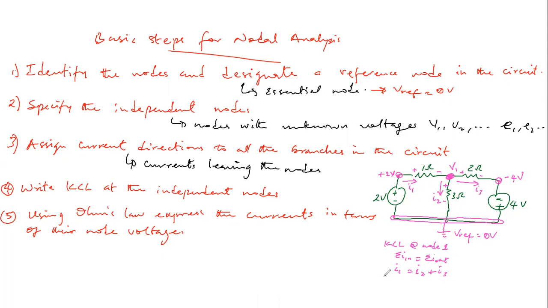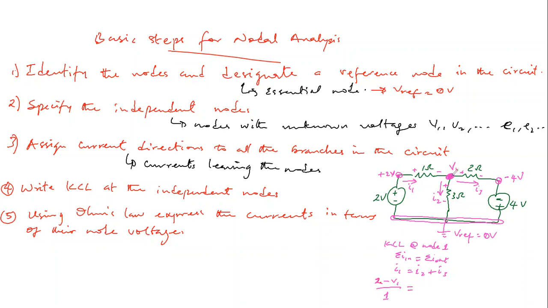So I1 is the same as positive 2 volts minus V1. That's 2 volts at this node, the voltage value at this node, minus the voltage value at this node, because this terminal is negative with respect to this terminal, divided by 1 ohm. That is by Ohm's law.